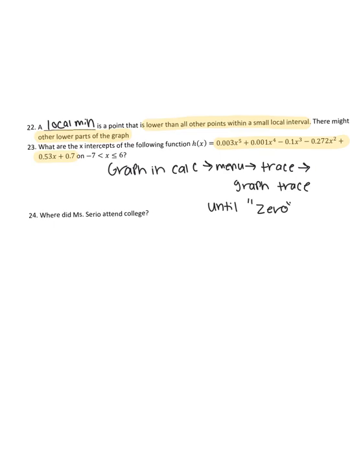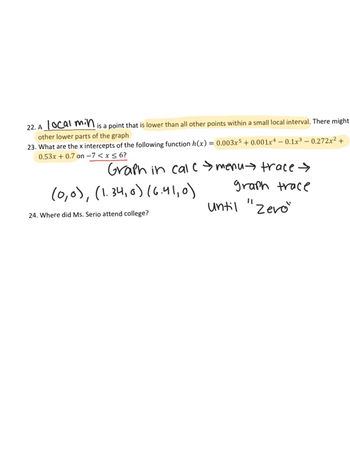So when you graph this and you do the graph trace and you're clicking between the zeros, you're going to get 3 zeros total. You're going to get 0, 1.340, and 6.410. Here's where the domain restriction comes into play. So I'm looking at this negative 7 and 6 part. It says that your x value must be between negative 7 and 6.